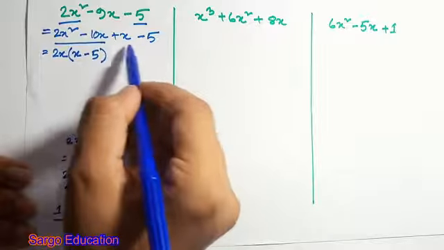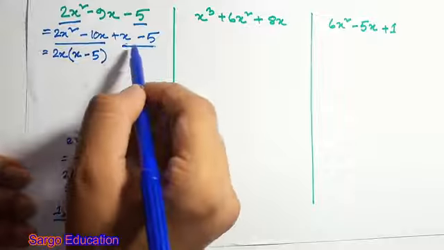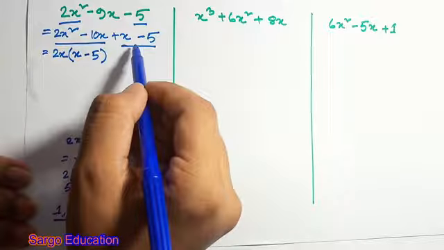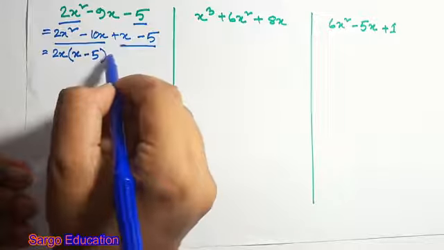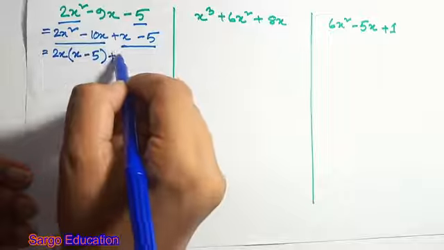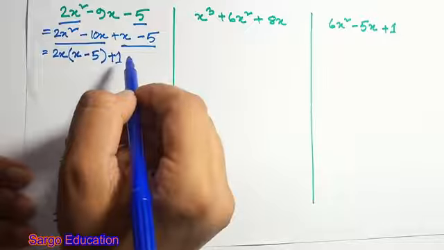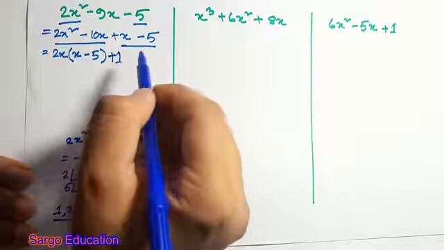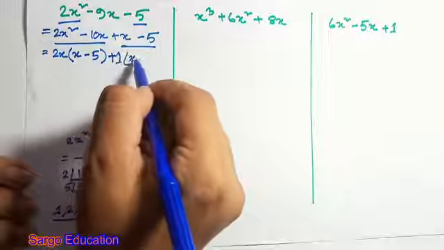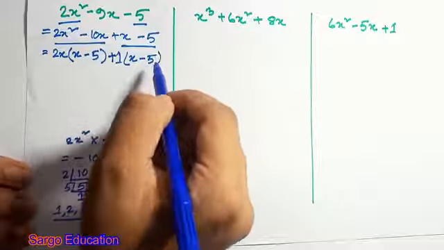And is there any common term of 2 in this x and minus 5? No. So we can take 1 common because 1 is the common factor of all terms. So we can write here x minus 5.